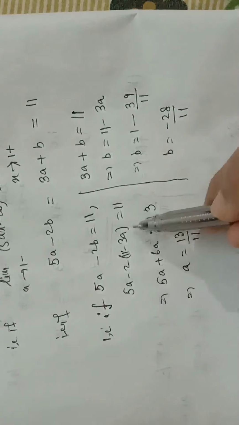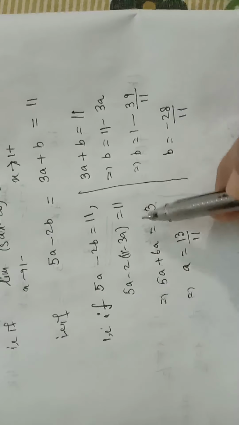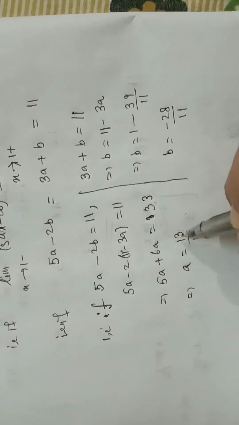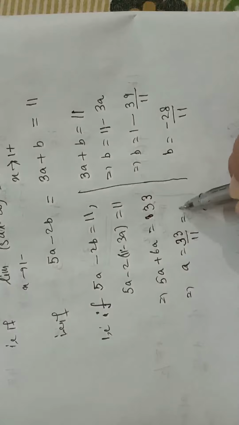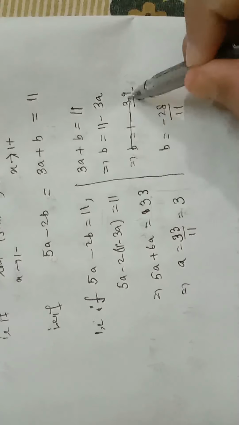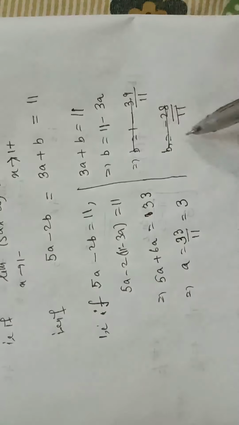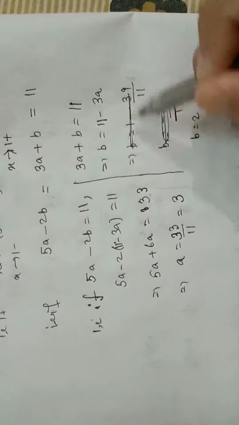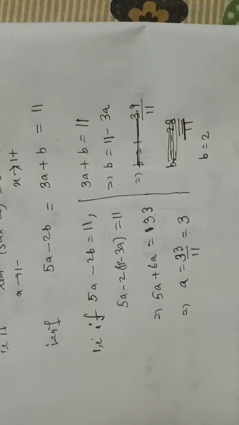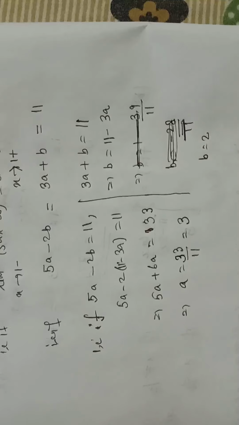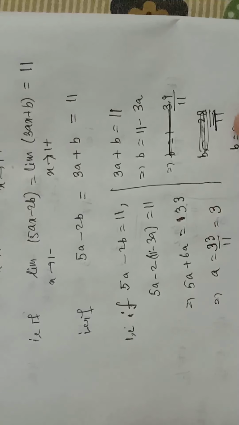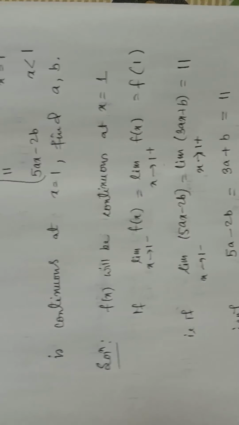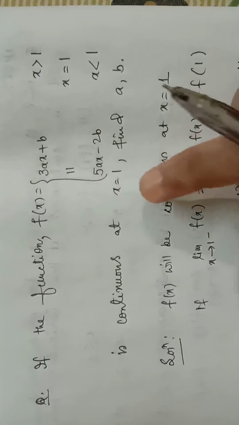Putting this in, it is 5a plus 6a, 11a equal to 11 plus 22. This is 33. So 33 by 11, a equal to 3. And when a equal to 3, b equal to 2. So a equal to 3, b equal to 2. You have to be very, very careful so that there are no silly mistakes. So if a equal to 3, b equal to 2, then this function will be continuous at x equal to 1.